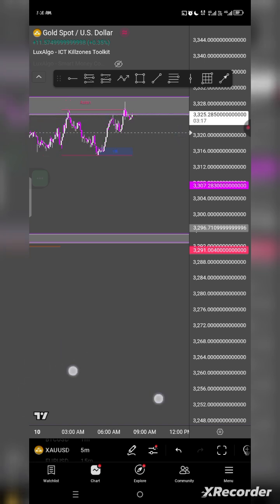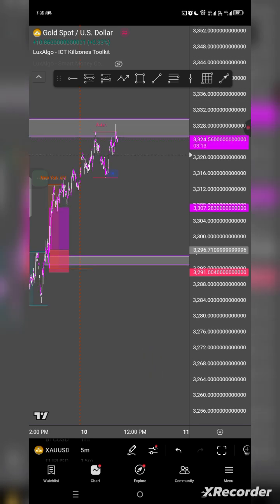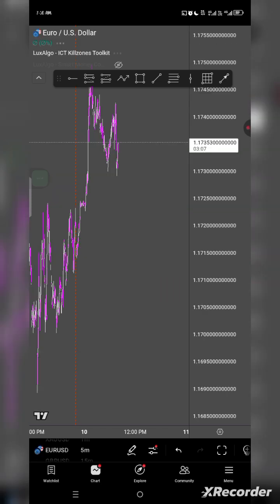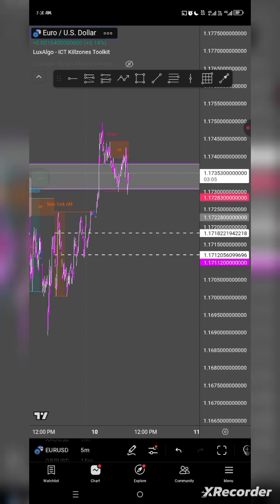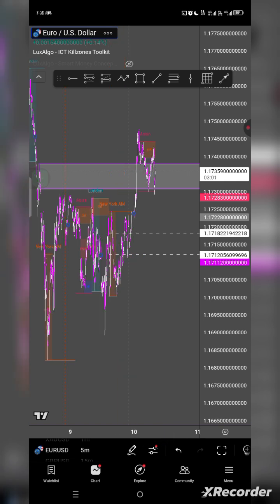Once it breaks below that low, I would gladly take it. But I will just wait patiently for London session to start before the liquidity sweep happens.